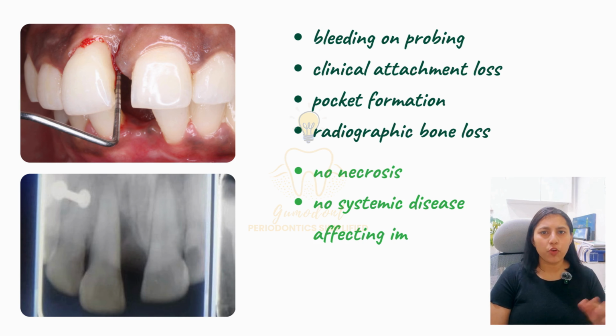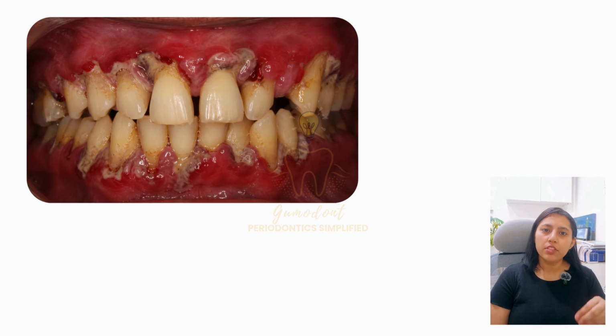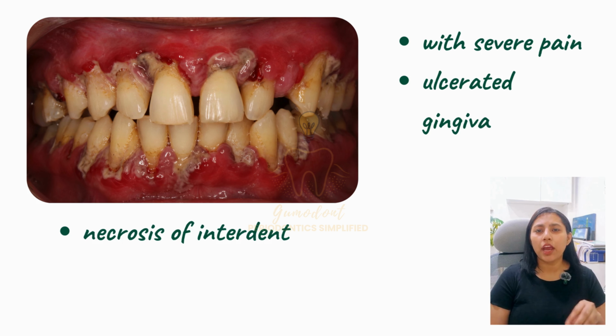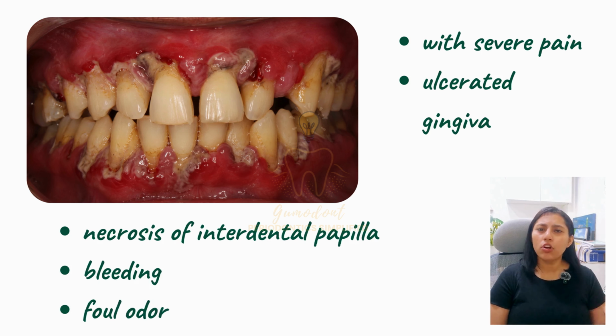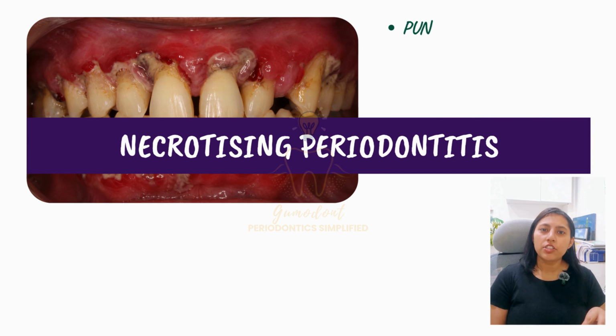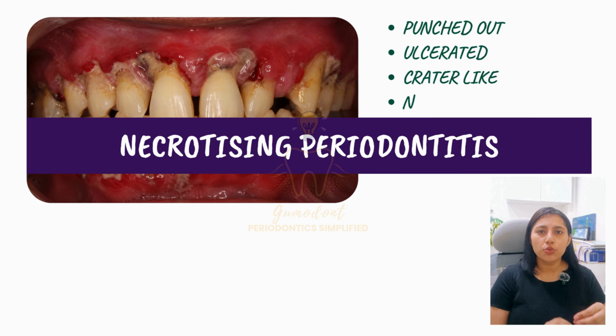This is straightforward periodontitis. Now imagine another patient with severe pain, ulcerated gingiva, necrosis of interdental papilla, bleeding, and halitosis. This is not routine periodontitis.